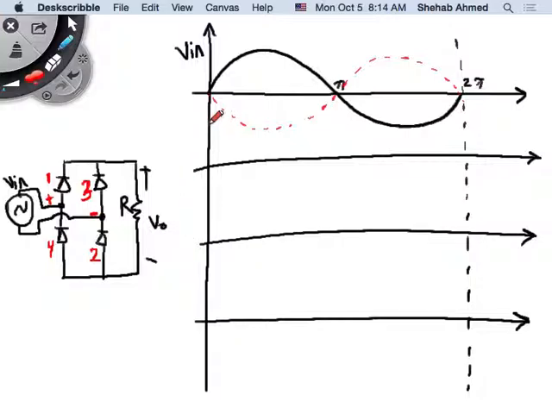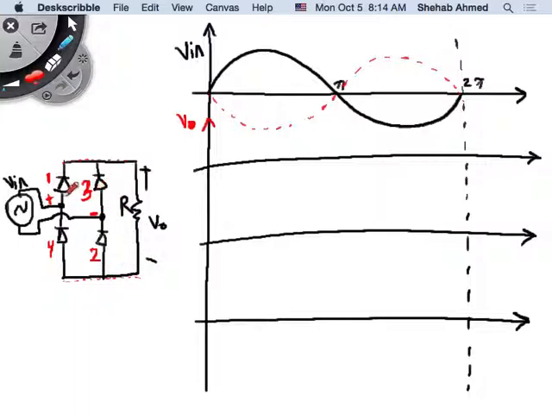I would like to draw my V out, my output voltage. So this is the most positive potential in the circuit, right? Then definitely this node here is less positive. This node here is less positive. So this is the most negative potential in the circuit. Then definitely this node here is a little bit more positive.